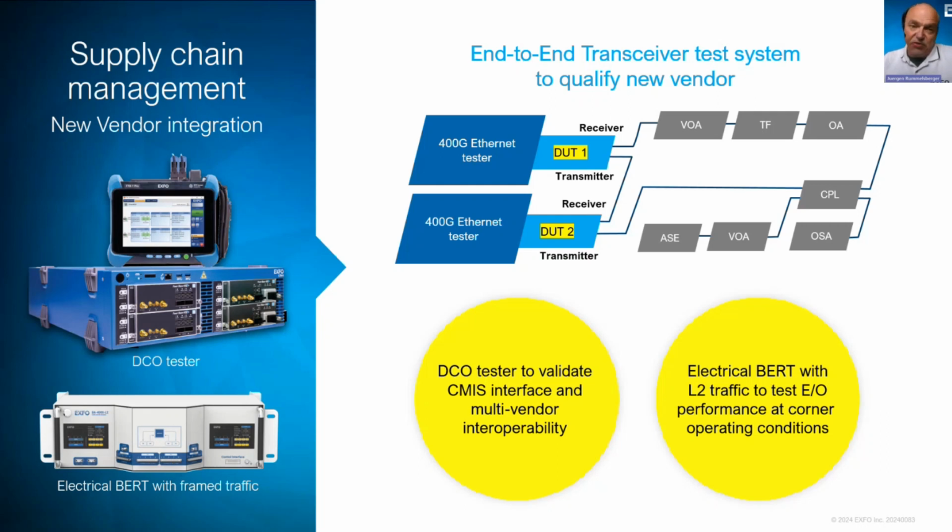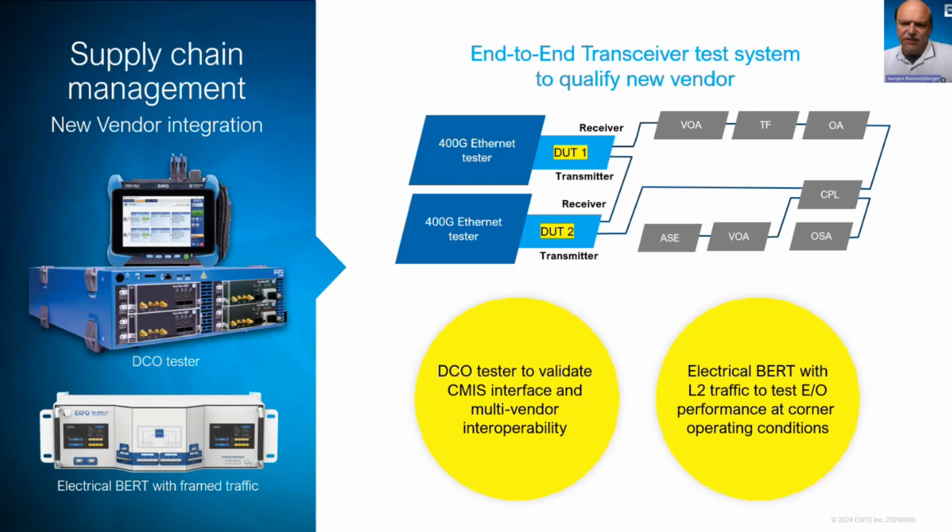This approach of using a layer 2 BERT system could make sense when the number of pluggable cycles is high, so that in this case the MCB would need to be replaced when a degradation of the signal integrity is discovered here.